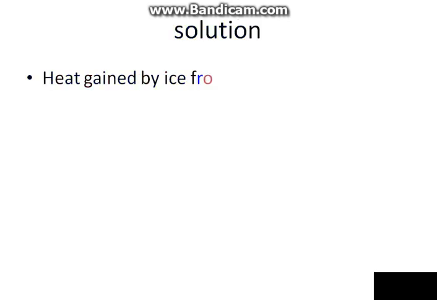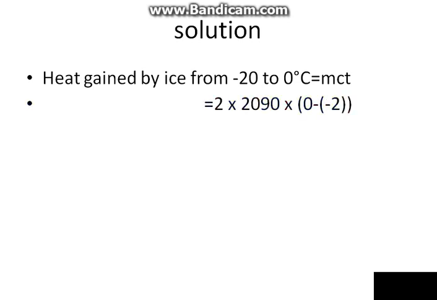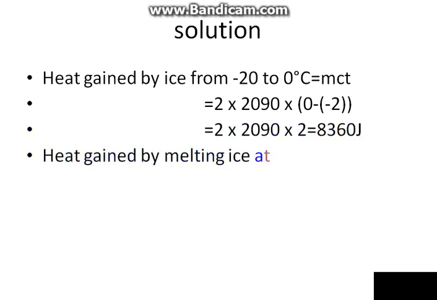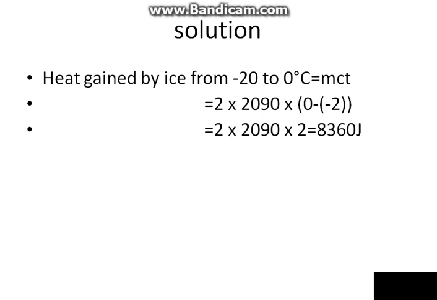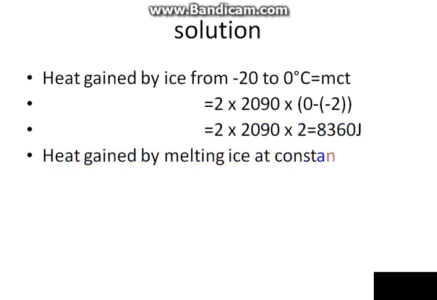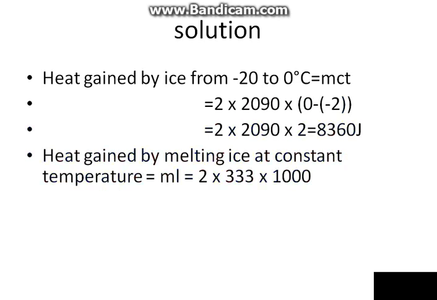Solution. Heat gained by ice from minus 2 to 0 degrees is equals to MCT, which is equals to 2 times 2090 times (0 minus (minus 2)), which is equals to 2 times 2090 times 2, which is equals to 8,360 joules. Heat gained by melting ice at constant temperature is equals to ml, which is equals to 2 times 333 times 1000, which is equals to 666,000 joules.